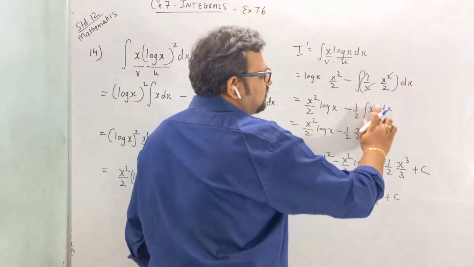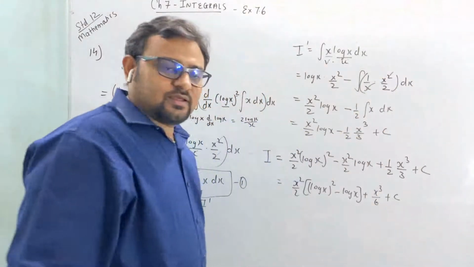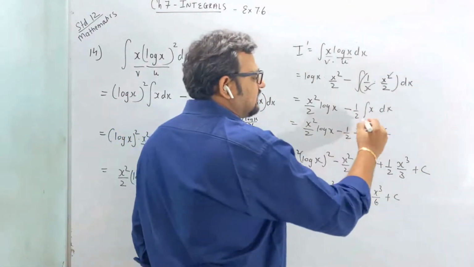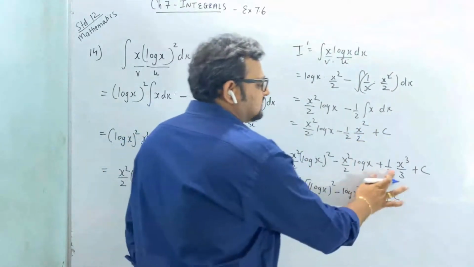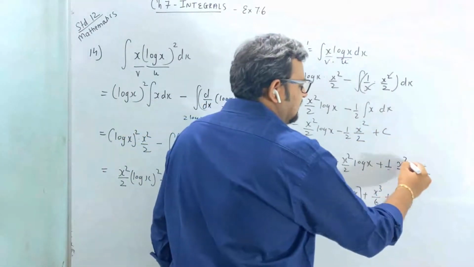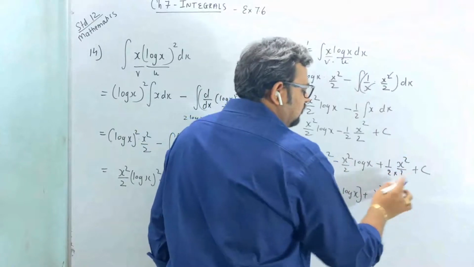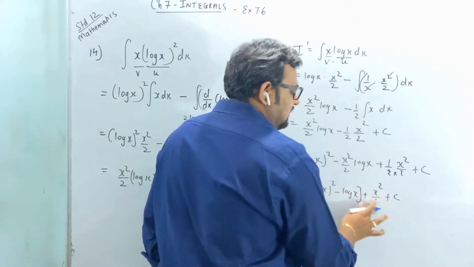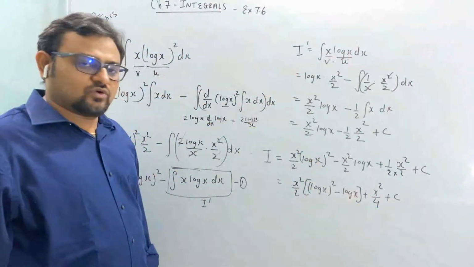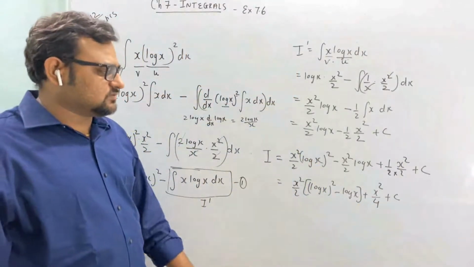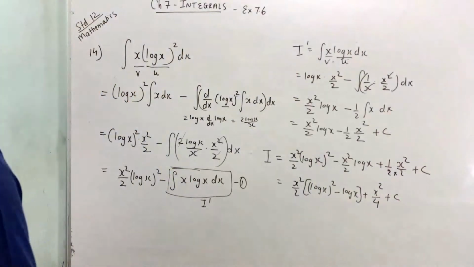It's x, not x square. Right? So it will be x square by 2, so the answer will be x square by 2 into 2. It will be x square by 4. Okay? So this will be your answer. Go through it.